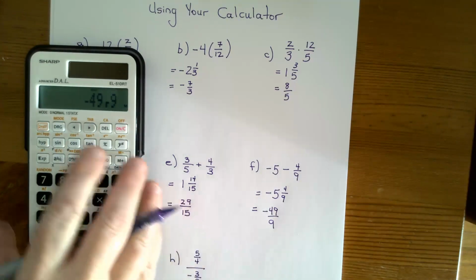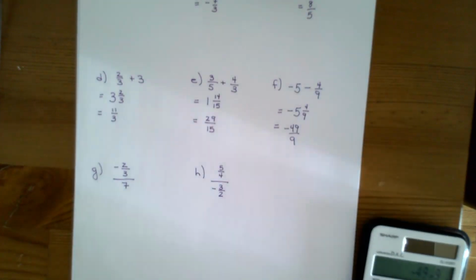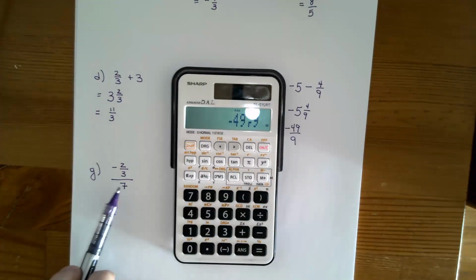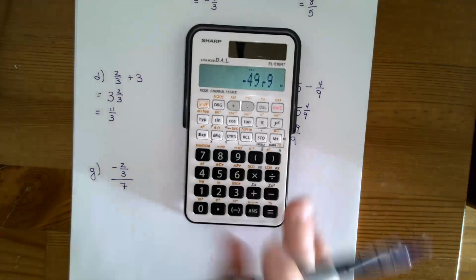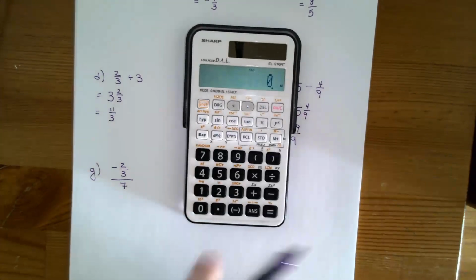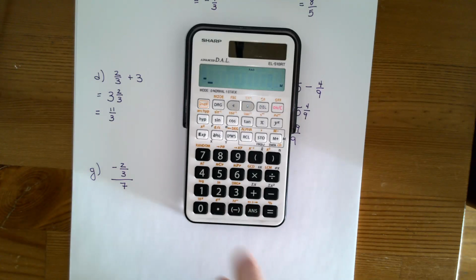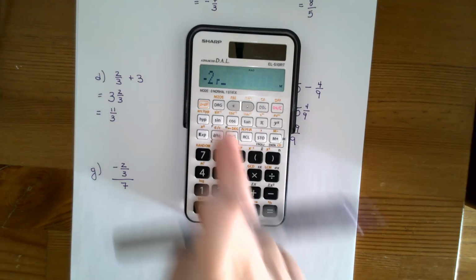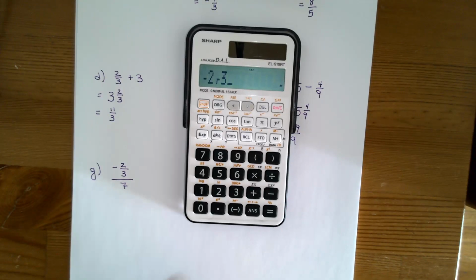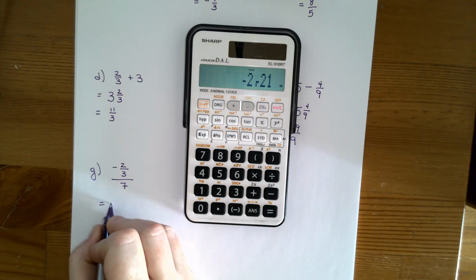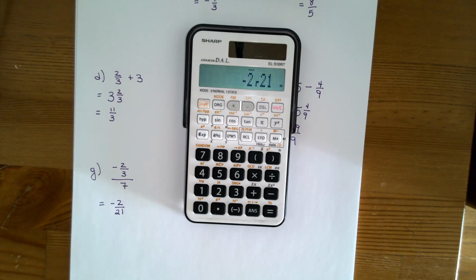And then lastly, when we do some division questions, okay, I have -2/3 divided by 7. So again, I'm going to hit the negative button, and then it's a fraction, so 2 ABC 3, and then that's going to be divided by 7. And when I hit equals, I get -2 over 21.